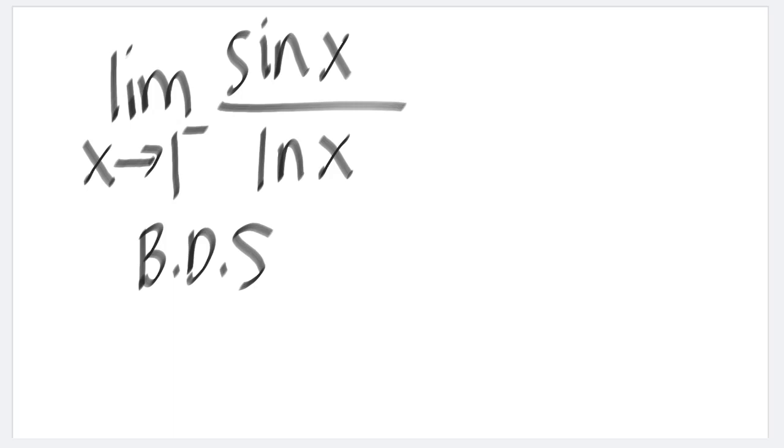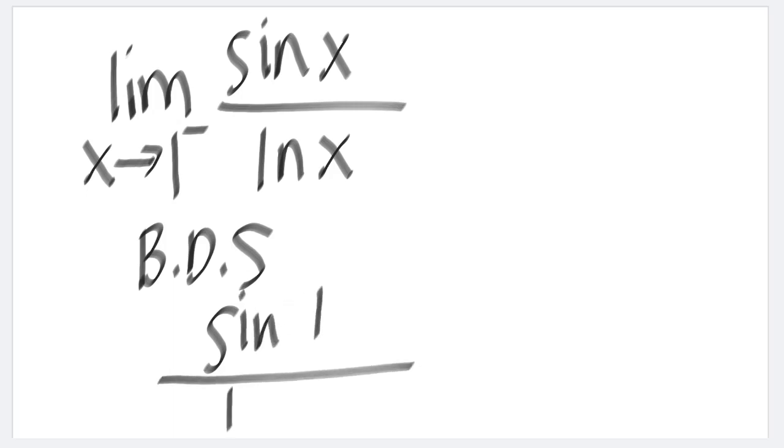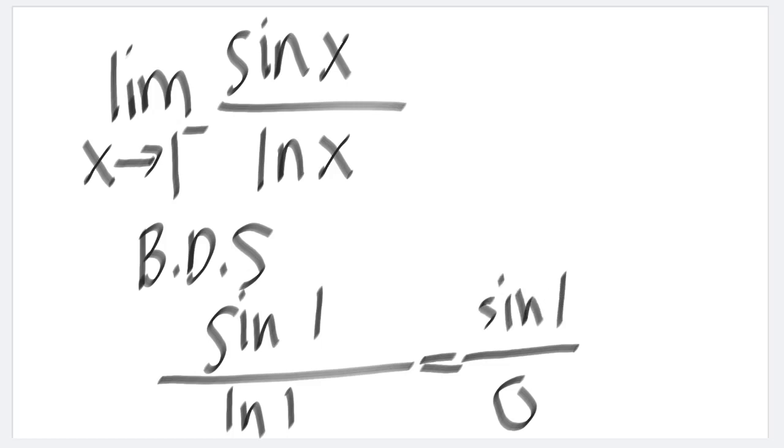By direct substitution, sine 1 all over ln 1, and that is equal to: sine 1 is a number and ln 1 is 0. So a number, sine 1, over 0.